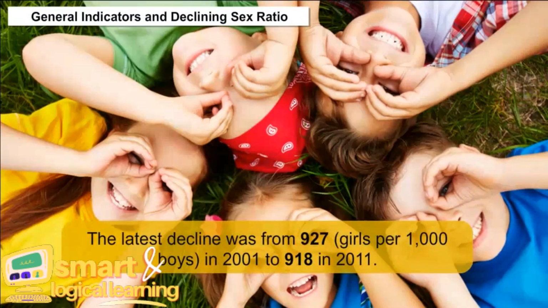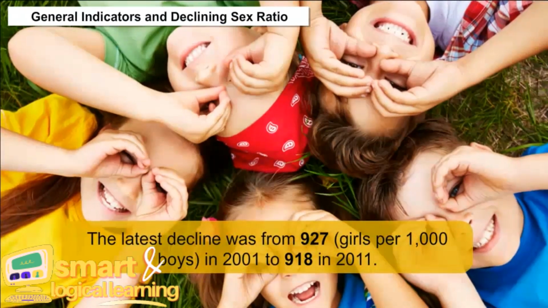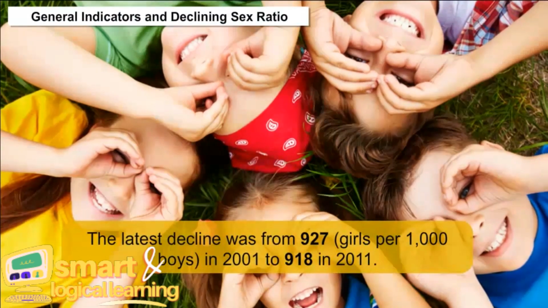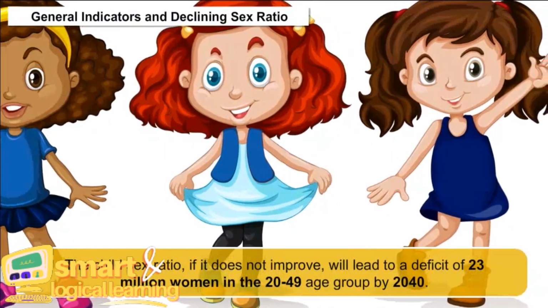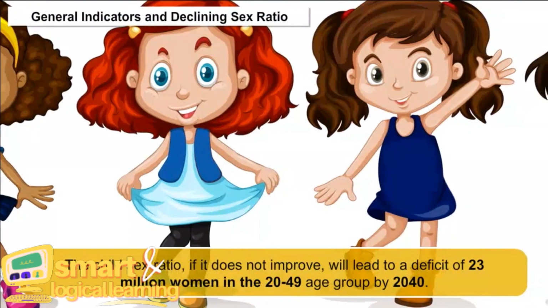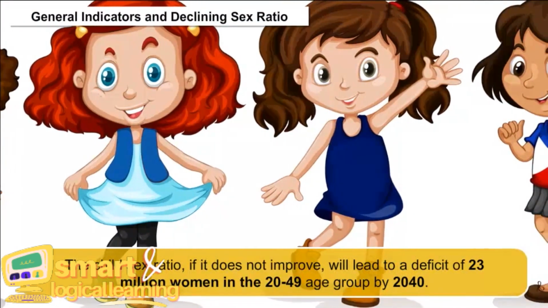The latest decline was from 927 girls per 1,000 boys in 2001 to 918 in 2011. The child sex ratio, if it does not improve, will lead to a deficit of 23 million women in the 20 to 49 age group by 2040.